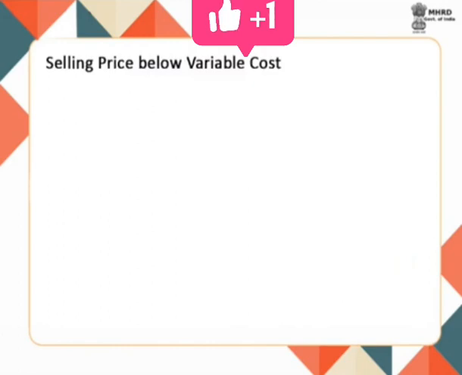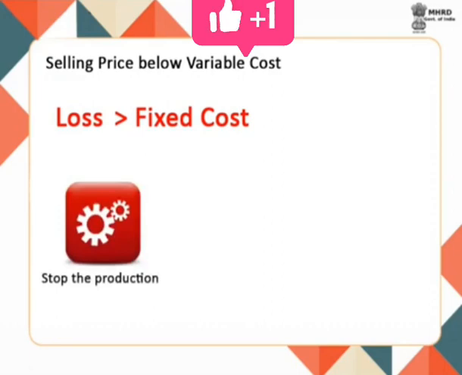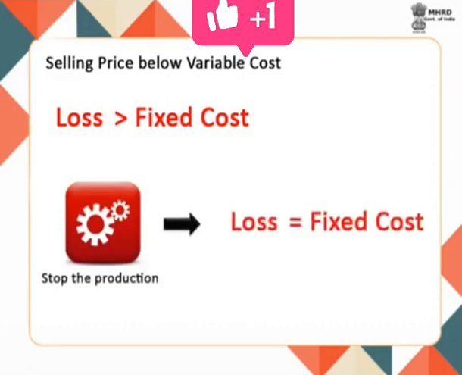Selling price may be below variable cost under special circumstances. Under this situation, obviously, the loss would be much more than the fixed costs. Here, it would be better to stop the production so that loss becomes equal to fixed costs.